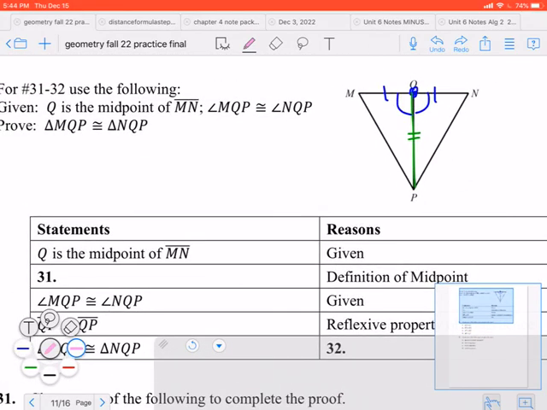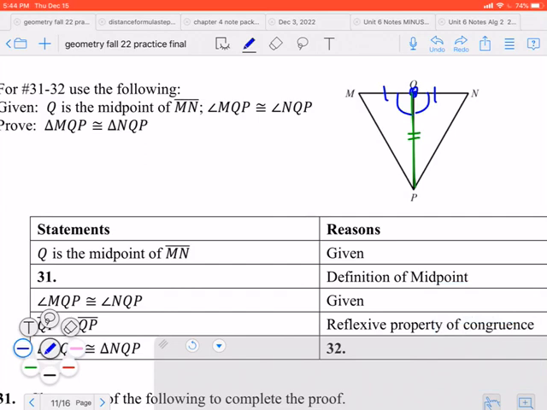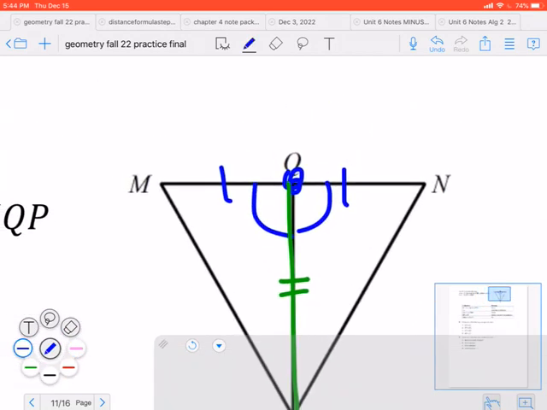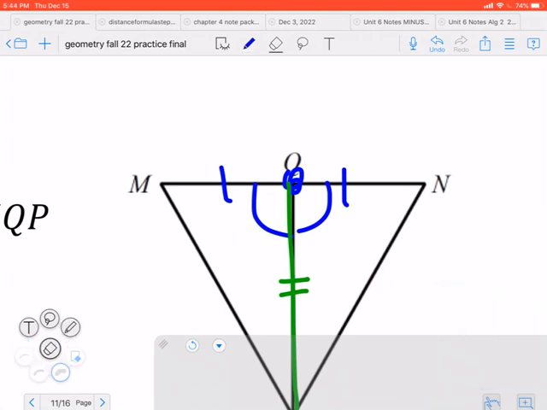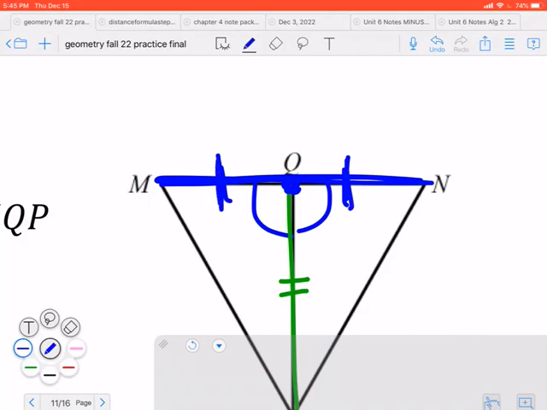Q is the midpoint of MN, given. Then we have our blank, what we're supposed to say, and the reason is definition of midpoint. So that was what I was saying in the very beginning. I knew that was going to be it because whenever they say something is the midpoint of a segment, automatically right after that, we say that those two sides are congruent.